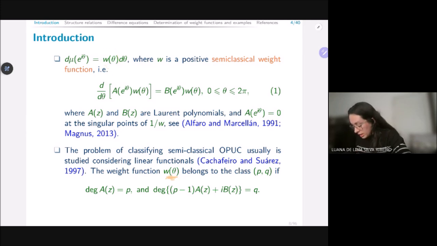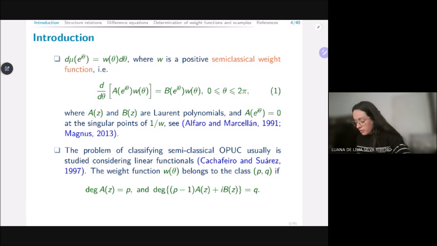We say that the wave function W belongs to the class (p, q) if, in the first order differential equation, A and B are polynomials, the degree of the polynomial A is equal to p, and the degree of this quantity that involves the polynomials A and B is equal to q. This definition can be found, for example, in Cachafeiro and Soares. This is the general definition of semi-classical in terms of the wave functions, and this is the general classification.